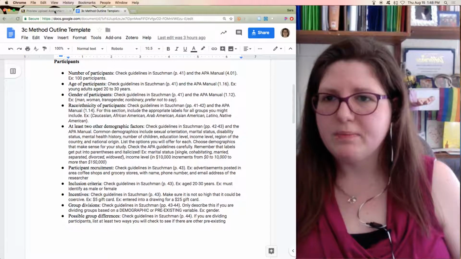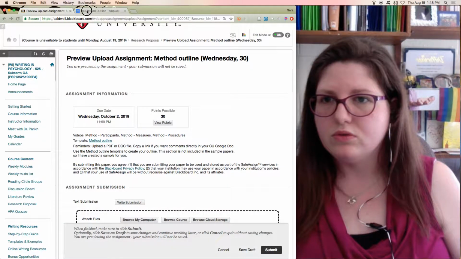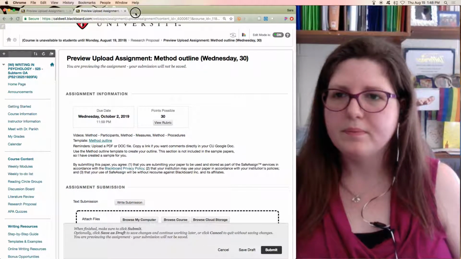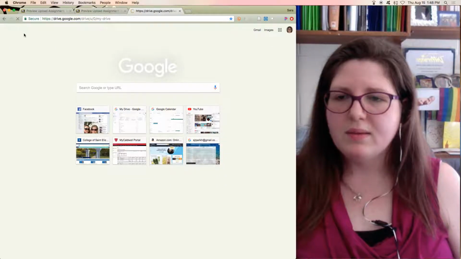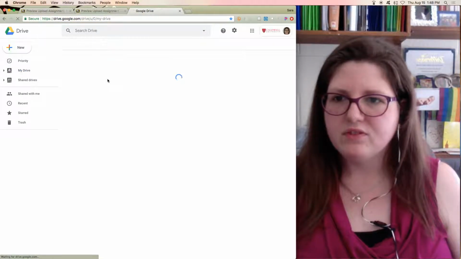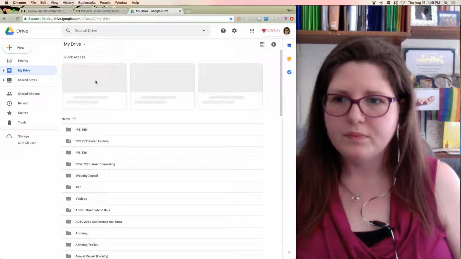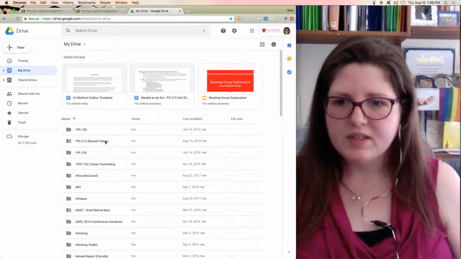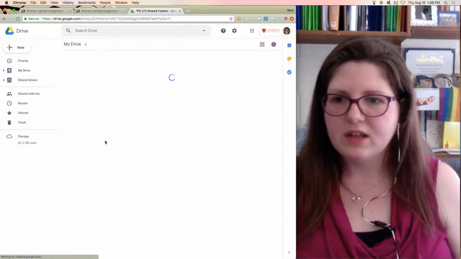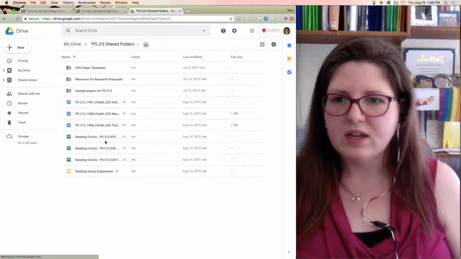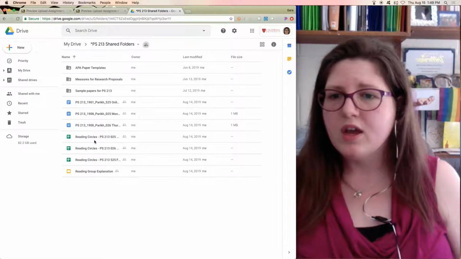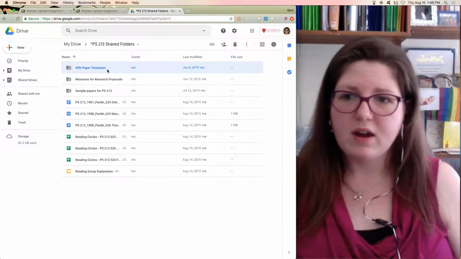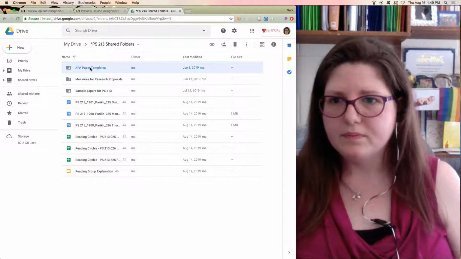Let me actually bop over to... Oh, that's not going to be what I want it to be. Let me pull up the draft for this too, because I want you to see what it's going to look like when you pull it into a paragraph. You're going to keep all the information in the same order. You're just going to smooth it out into paragraphs. Come on, internet.